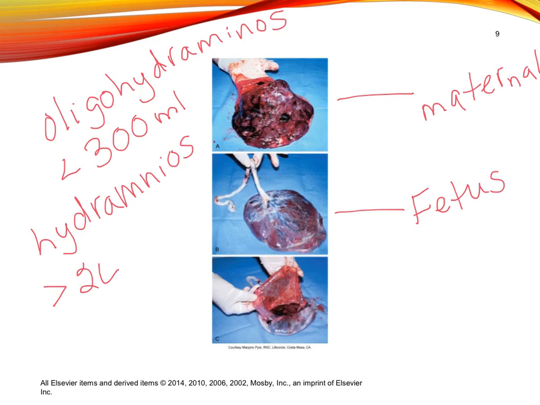The other big important thing, and we'll talk about it when we talk about some of the risk factors or things that can go wrong, is the amniotic fluid allows the baby to move around freely. If the baby didn't have the amniotic fluid and couldn't move freely, they would be all tangled up in their umbilical cord, and that's going to restrict blood flow, and that's detrimental to the baby.